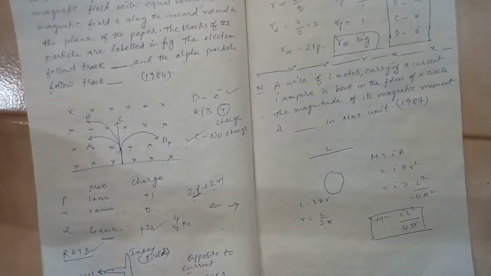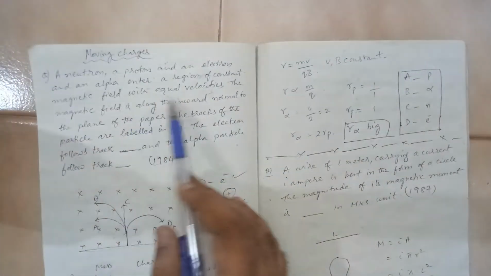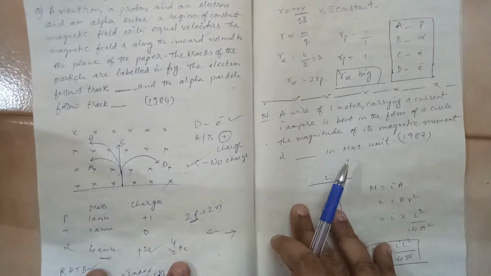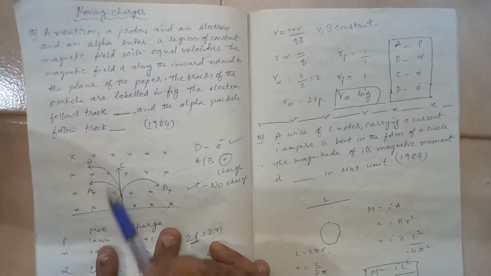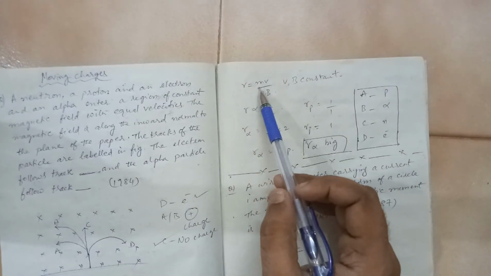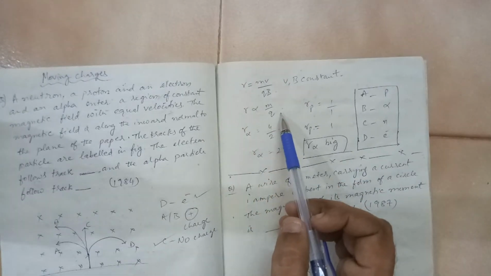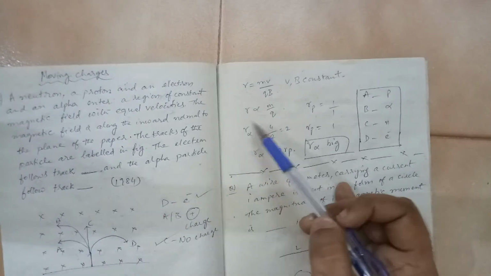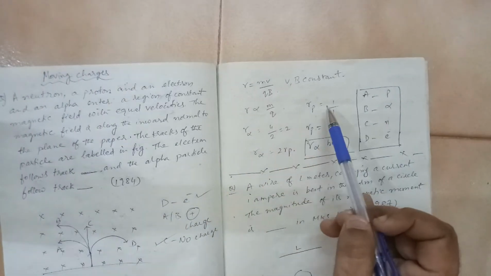A and B belong to the positive charges, but here we have to identify which is the proton and which is the alpha particle. If you see, they both are moving in a different radius. Radius R is equal to mv by qB. Here velocity and B are constant, so R is dependent upon m by q.